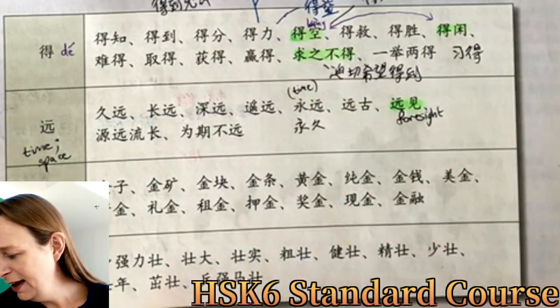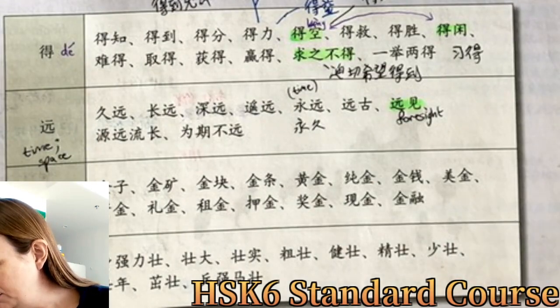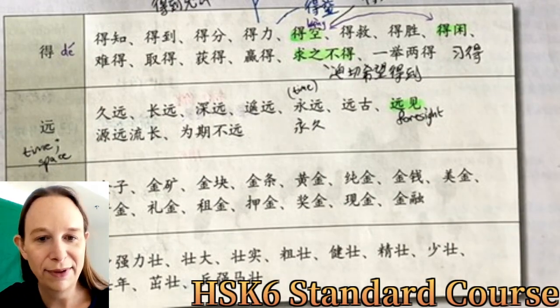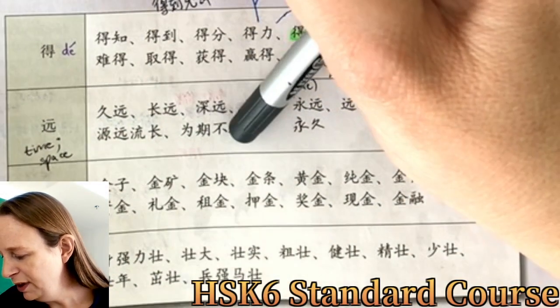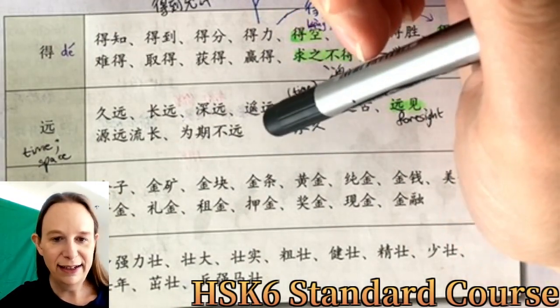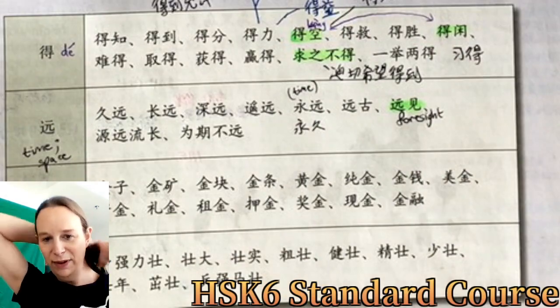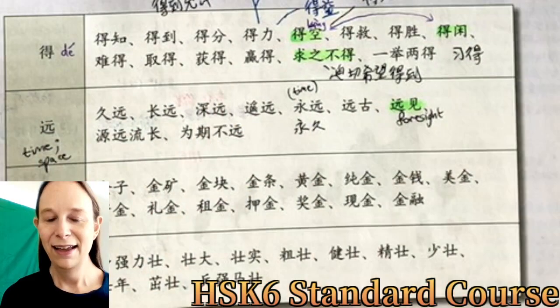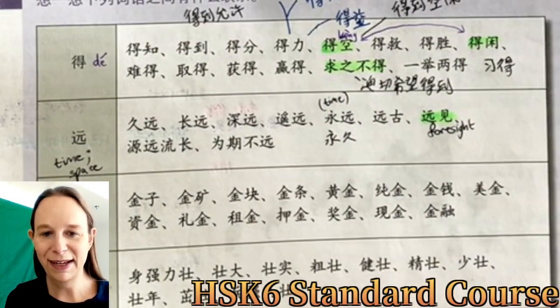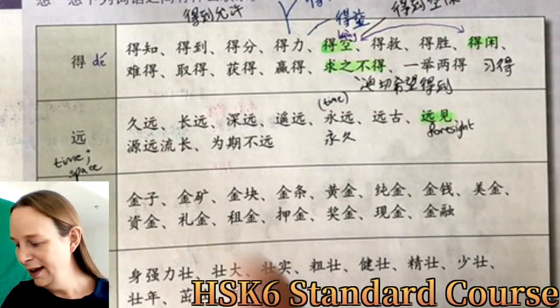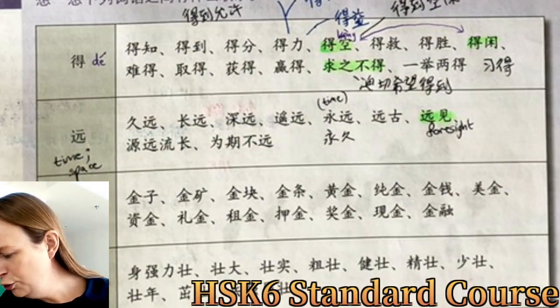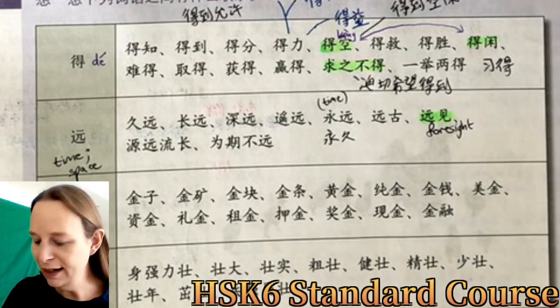All right. Okay. 源远流长. 流长. Not sure what that one is. 为期不远. Okay, I think that's just 不远. Here, 不远 is not far, or in this case, not long with respect to time. Okay, let's look at this. 源远流长.